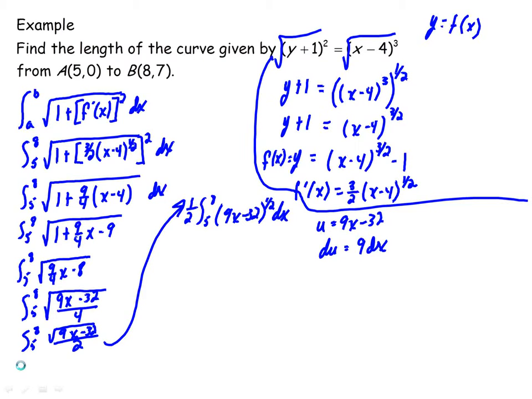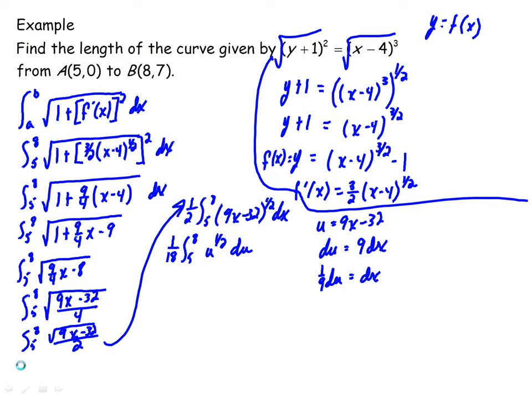But I don't need a 9 dx, I just need a dx, right? So we're going to do 1/9 du is equal to dx. What am I going to do with that 1/9? 1/2. Very good. So we're going to have 1 over 18, right? Integral from 5 to 8, u to the 1/2 du.